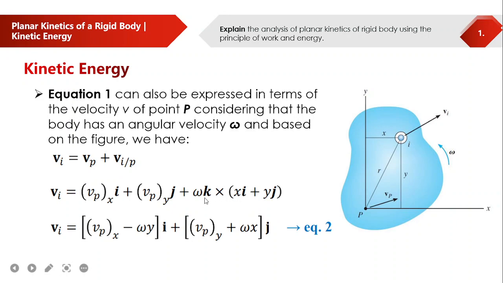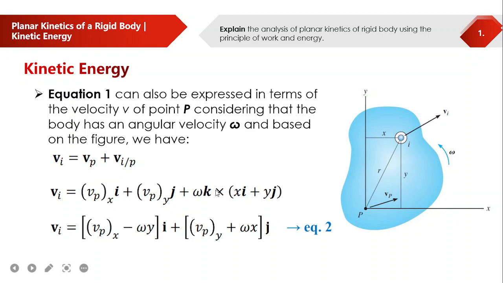Using the right-hand rule that we learned in our previous subject, the cross product of vector k crossed by vector i will be positive j, because k cross i is j. So that will be omega x j.